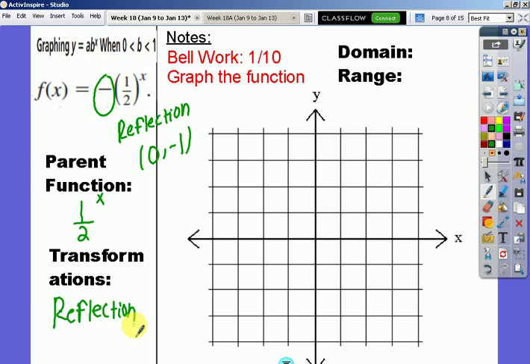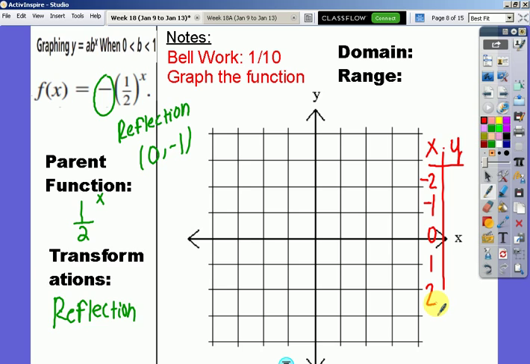Now as far as graphing, we just said we were going to make a t-chart, and that's what we're going to do. That's all it takes. X, y, and then you just want to plug in a few values. We're going to stick with our standard -2, -1, 0, 1, and 2.